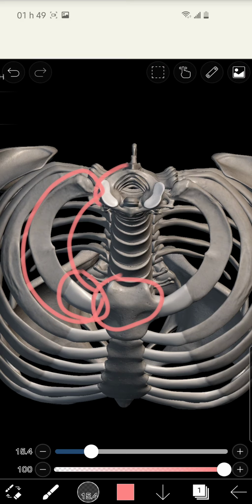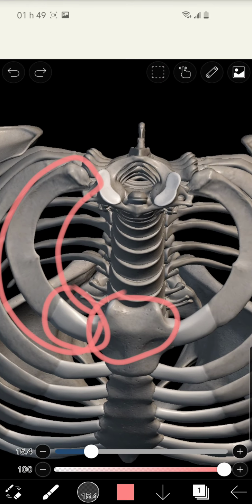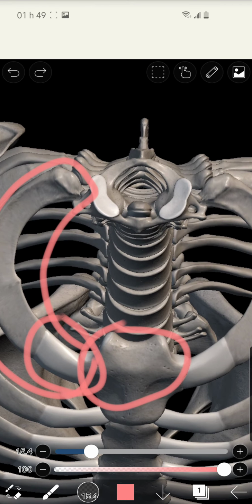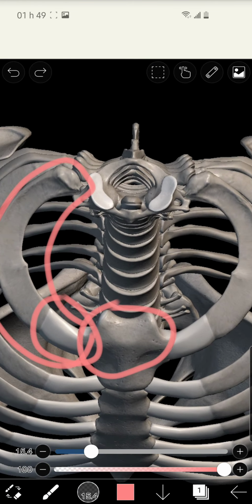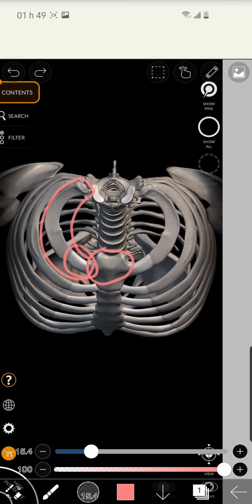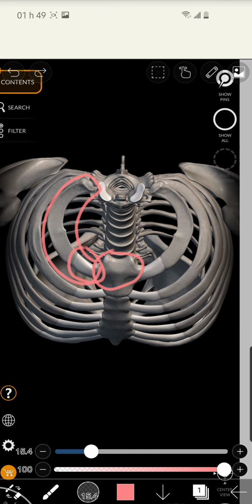Sorry, on this picture here we have a cervical vertebra, but I should have omitted it. But anyway, we have the first thoracic vertebra, T1, which doesn't appear on this picture. So this is the inlet.